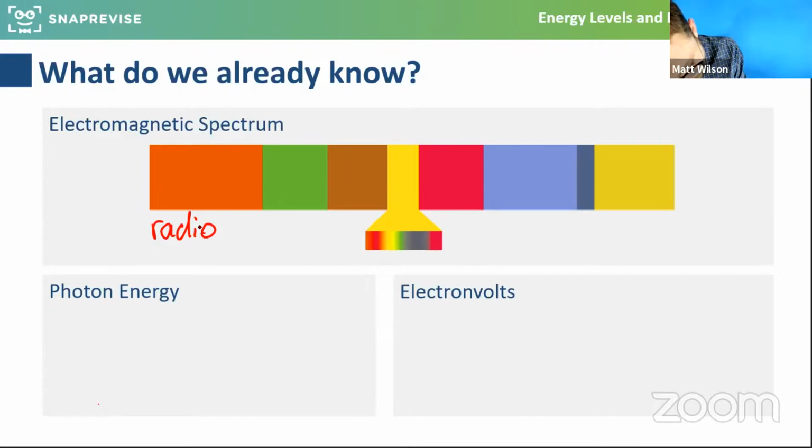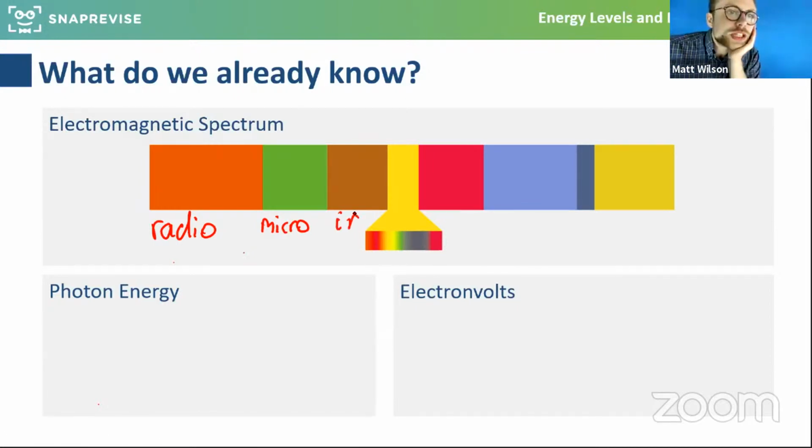Does anyone know what happens after radio? Radio, micro, good. Next one is microwaves. Not bad if you don't know, that's fine. You can pick it up here. Okay, good, infrared. I'll just call infrared IR.